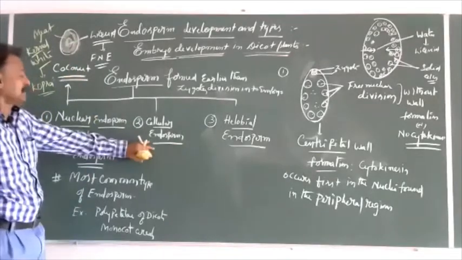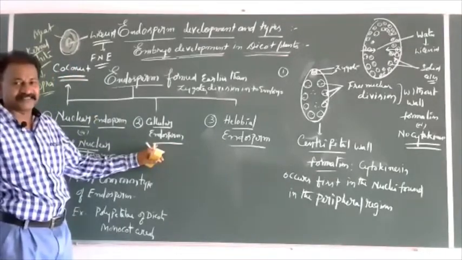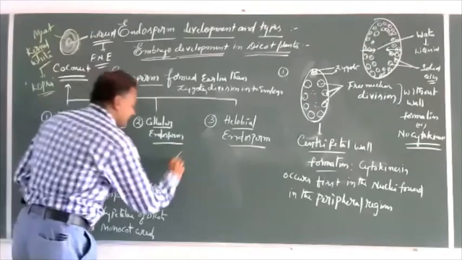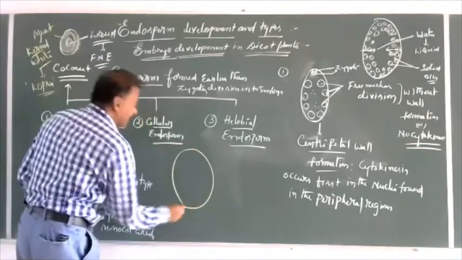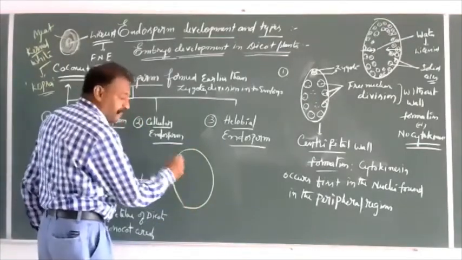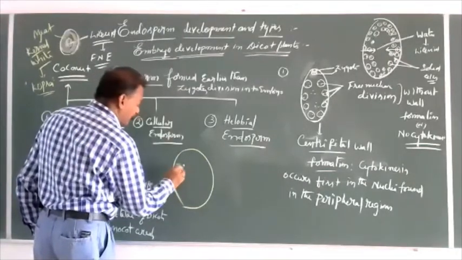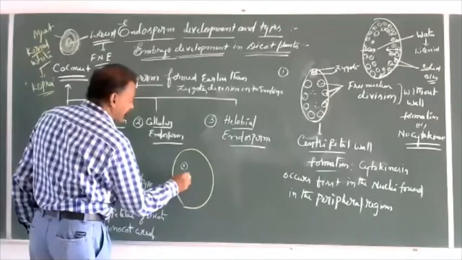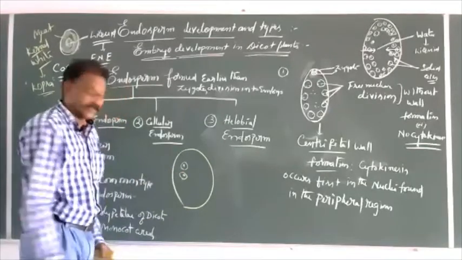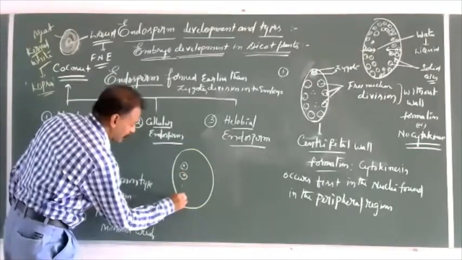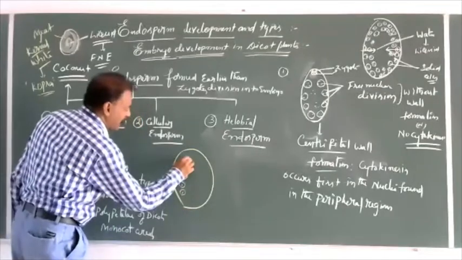Let us see here. Cellular endosperm means from the beginning, whenever a nucleus is going to divide into two, immediately wall will be formed. Every nucleus developing into two, wall will be formed.